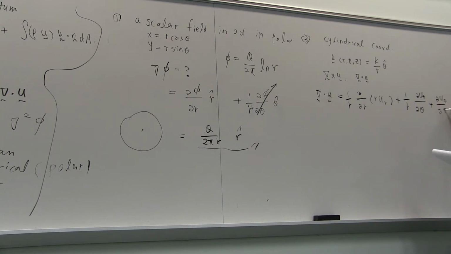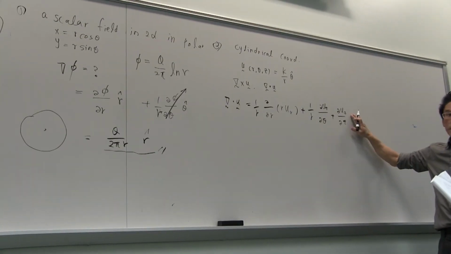plus du_z/dz. Okay. So now think about your velocity vector: it is only a function of r in the theta direction, which means there is no z component.